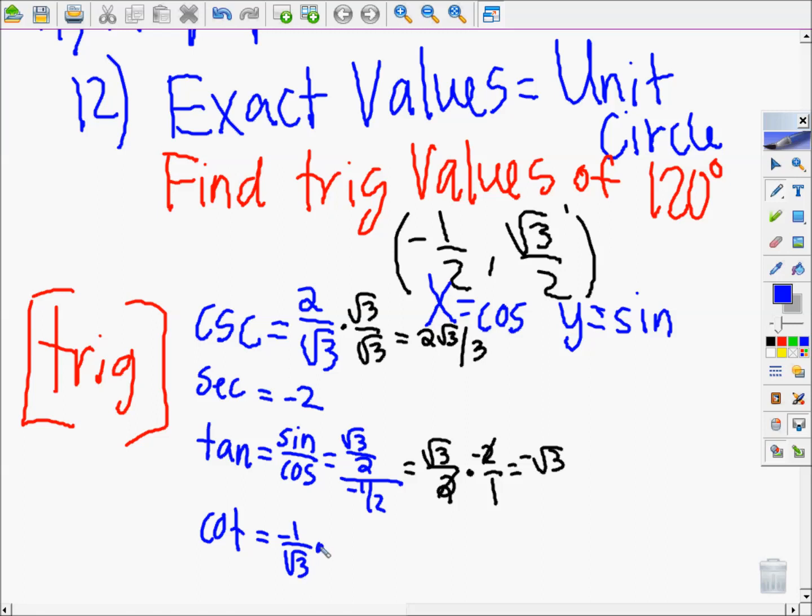I rationalize. So I end up with negative square root of 3 over 3. And if you can't remember that, it's also cosine over sine, because that's the reciprocal. Instead of sine over cosine, it would become cosine over sine. And that's why you need your unit circle for your test.